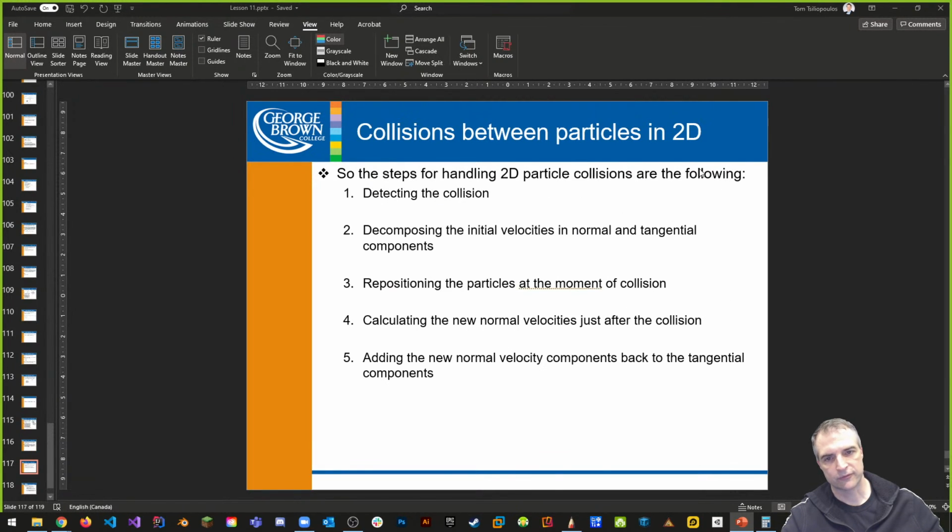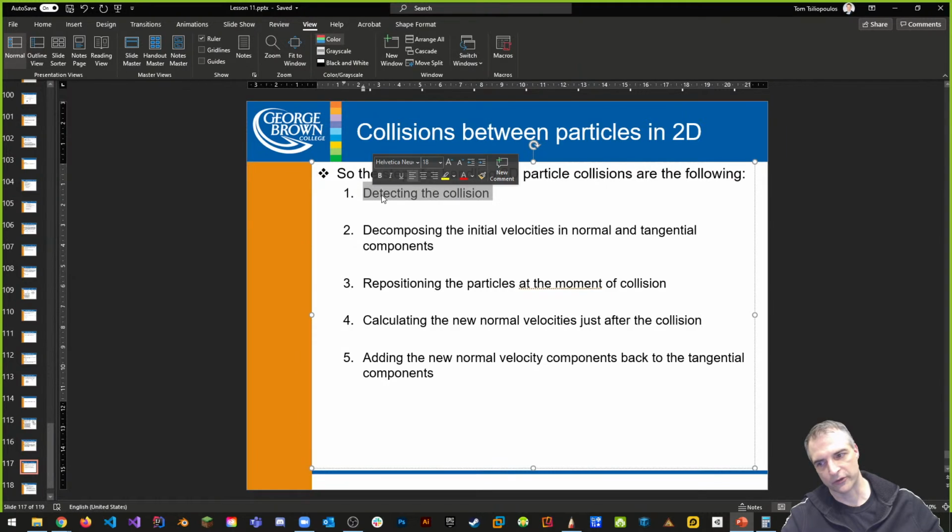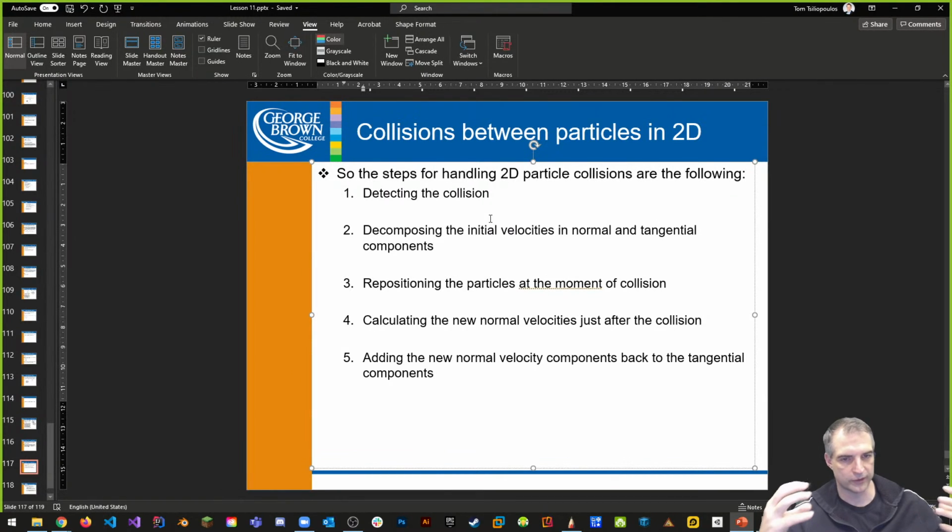So again, the steps for 2D particle collisions are the following. Number 1, detect the collision, and this is a challenge. Sometimes when two particles are dynamic and moving, detecting the collision is a challenge. Number 2 is decomposing the initial velocities into normal and tangential components. So we take the normal and tangential and decompose them. What are they? And then step 3, we reposition the particles at the moment of collision, so when they should have collided.